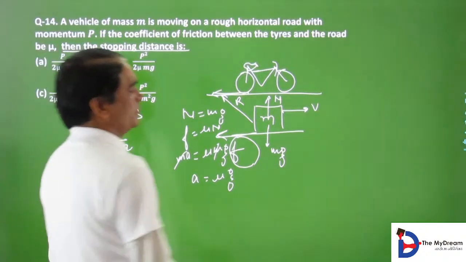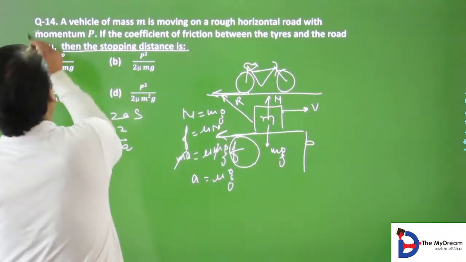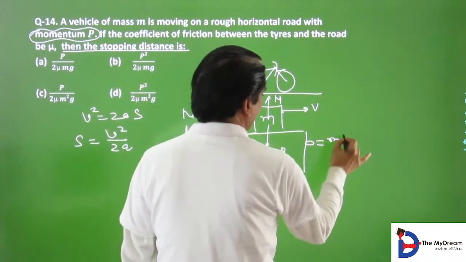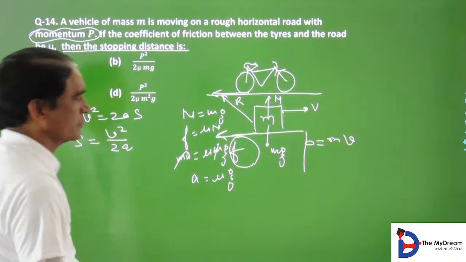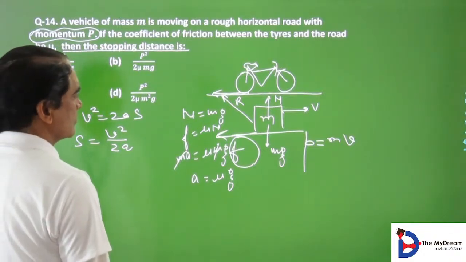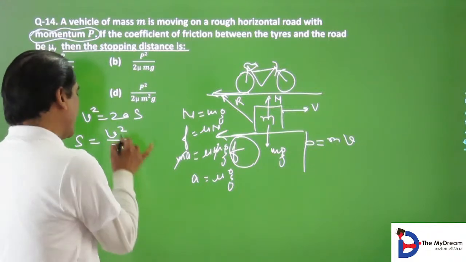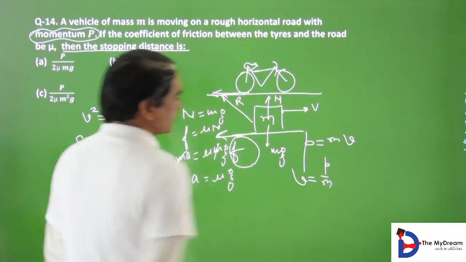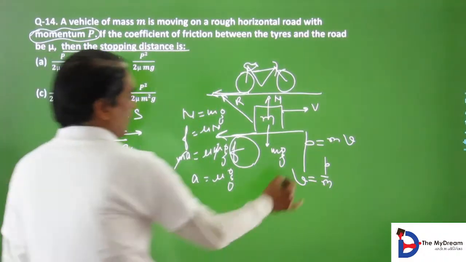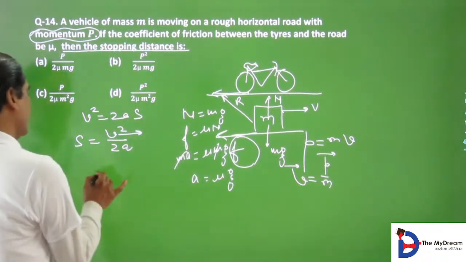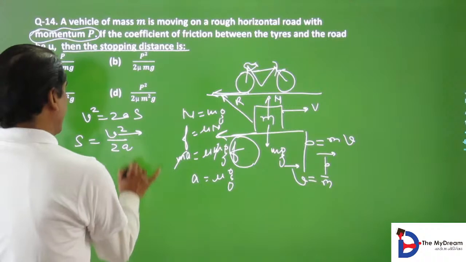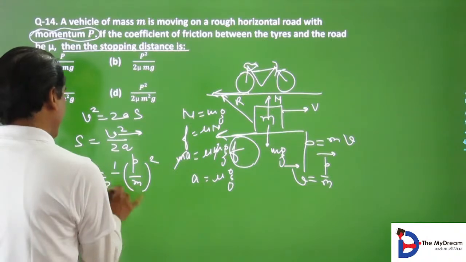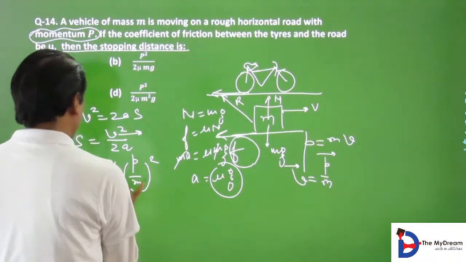As we know, in this question the momentum is given to you. Momentum is defined as the product of the mass and its velocity. So in place of velocity, you can write P by m. So this is P by m, the whole square, divided by twice of a, and the value of a is mu into g.